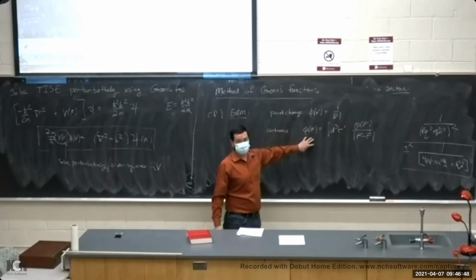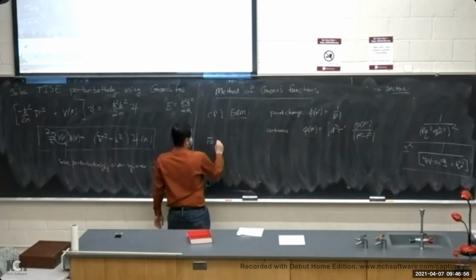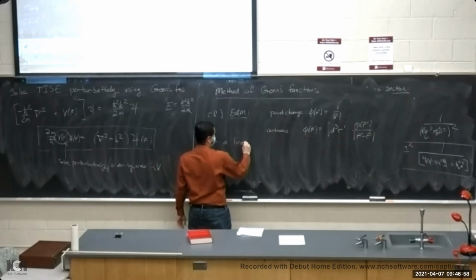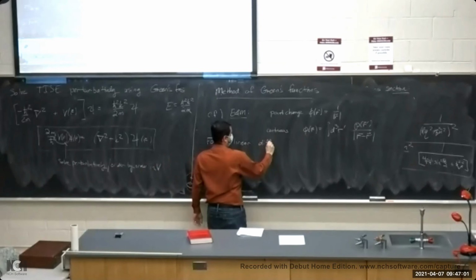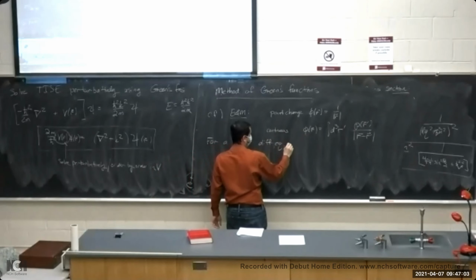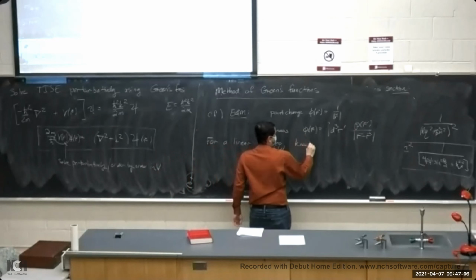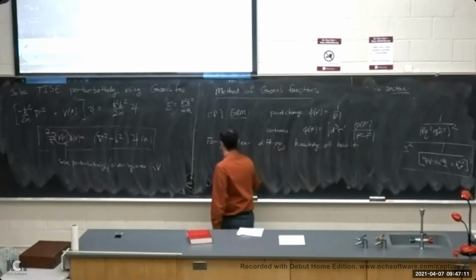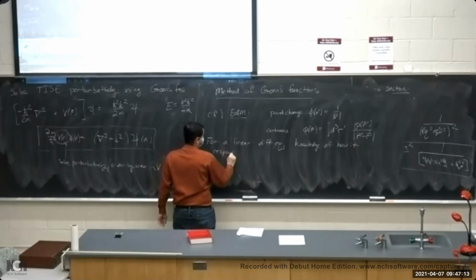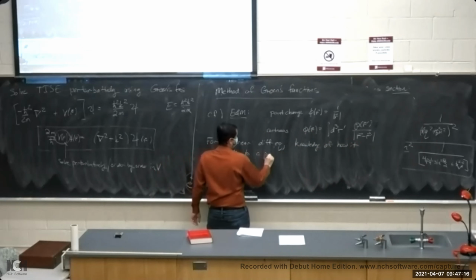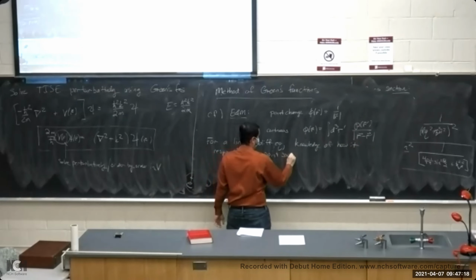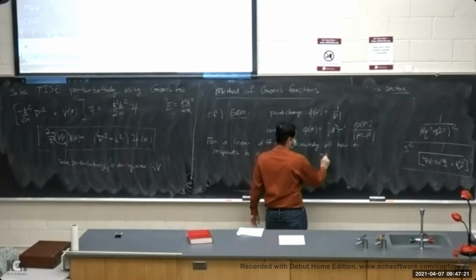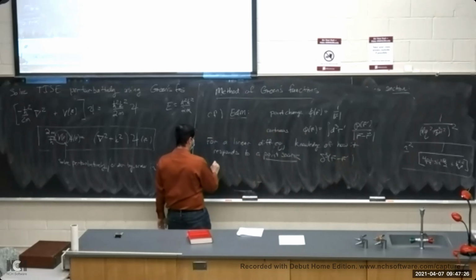This is a general formulation of how to attack linear differential equations. For a linear differential equation, knowledge of how it responds to a point source, something like a three-dimensional delta function of r minus r prime, is tantamount to knowing the exact solution.